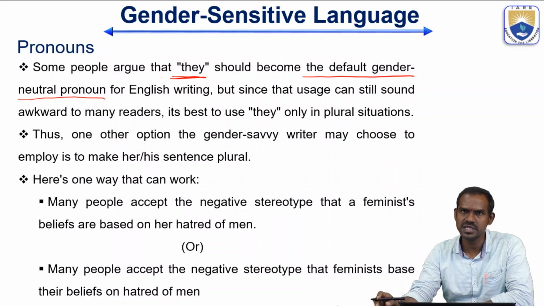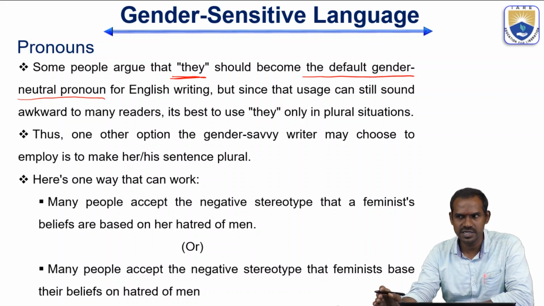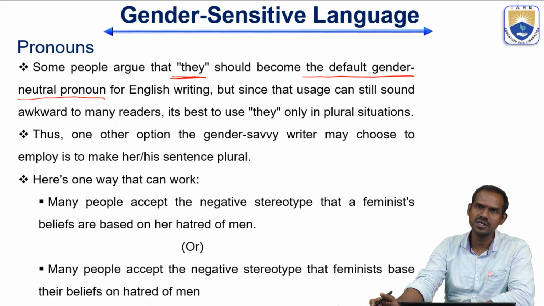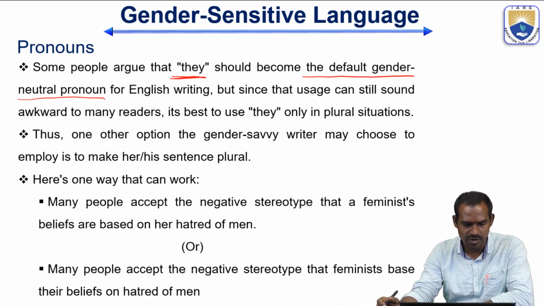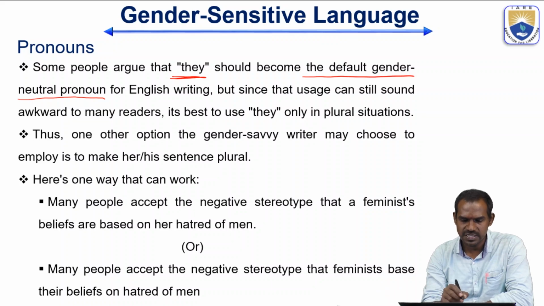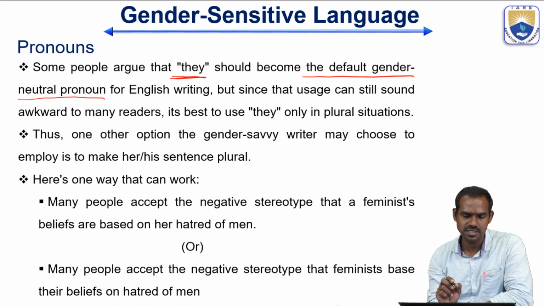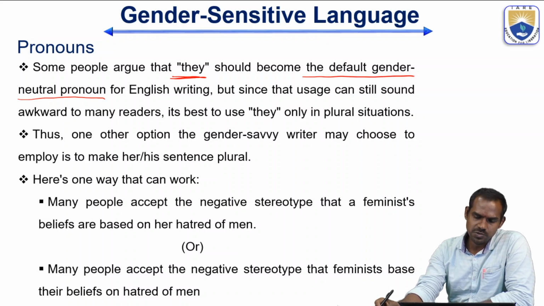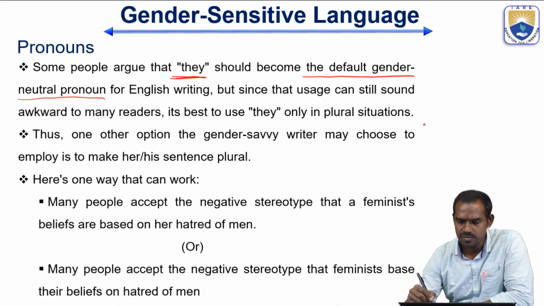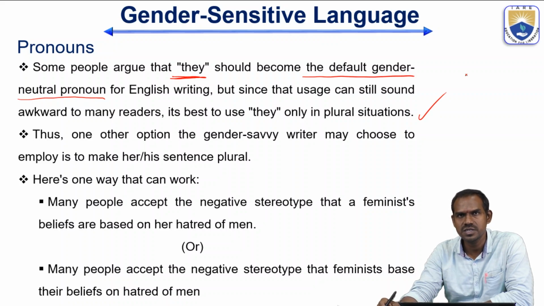It was acceptable in the early 21st century, but according to the current era, they cannot be used for a singular noun. It can be used only for a plural noun. Since that usage can still sound awkward to many readers, it's best to use they only in plural situations.